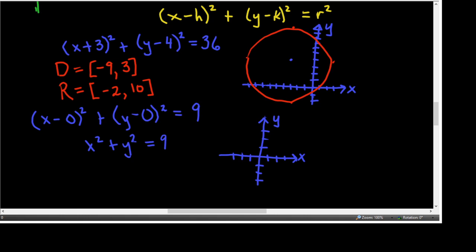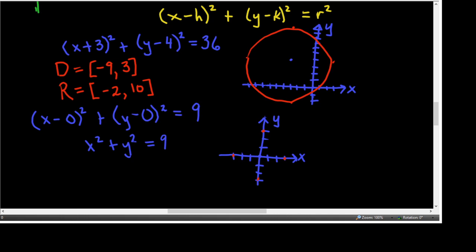All right, so at any rate, the center of the circle is at the origin, so there's a dot right there. And then, since the radius is 3, we'll go from the center up 3, down 3, left 3, and right 3.